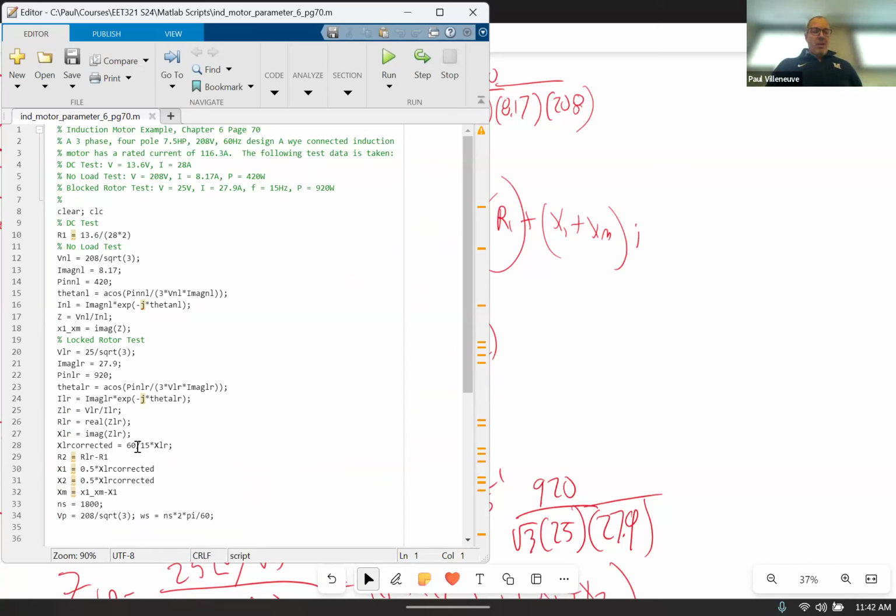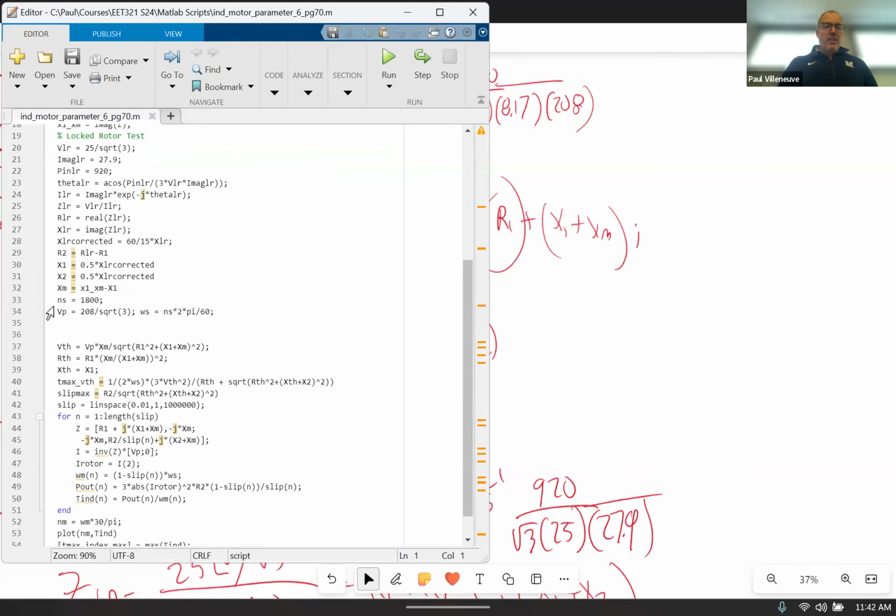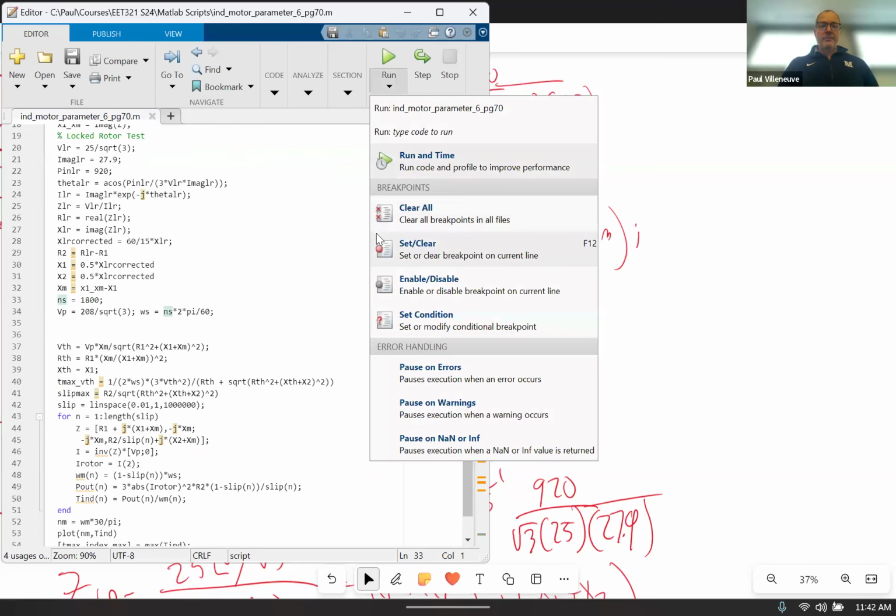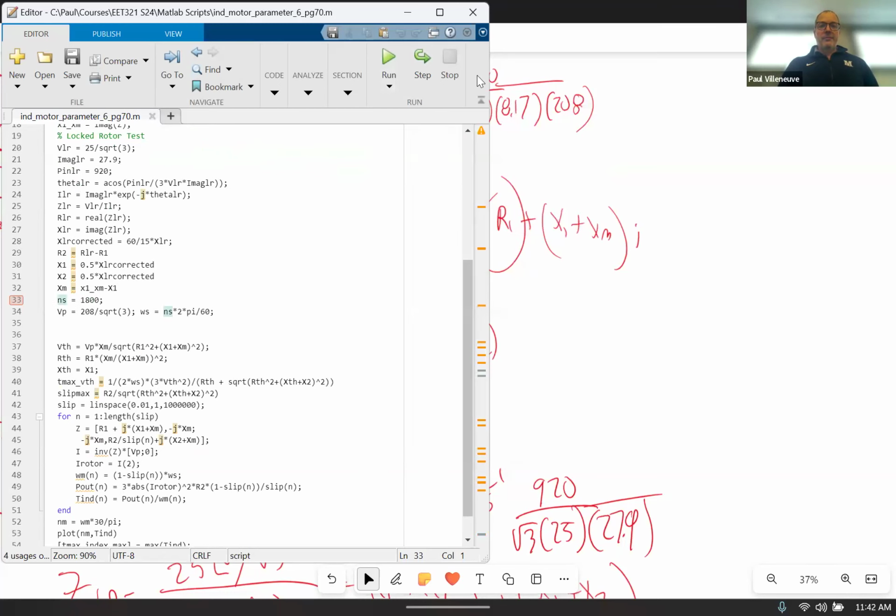Then I pull out all my parameters. There's R2, there's X1, X2. Now I have XM. So I'm going to run it to here. And let's get this out of the way.